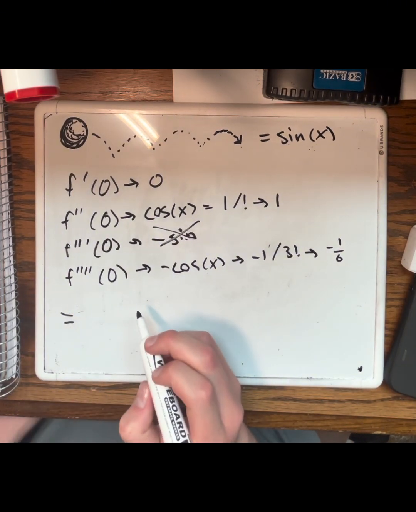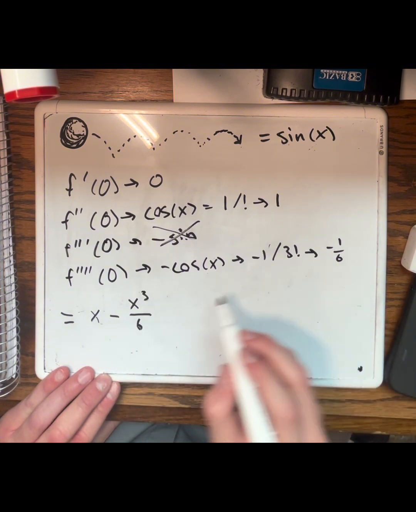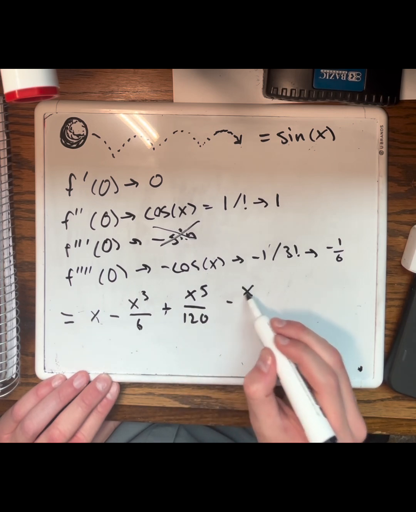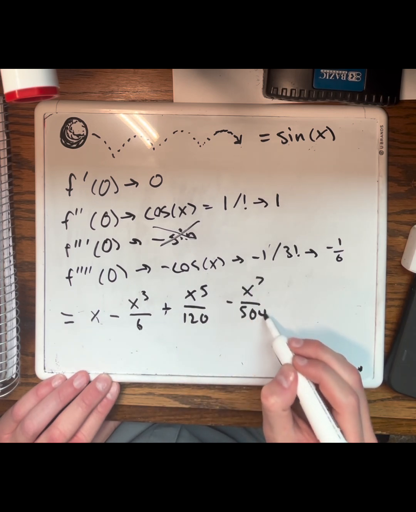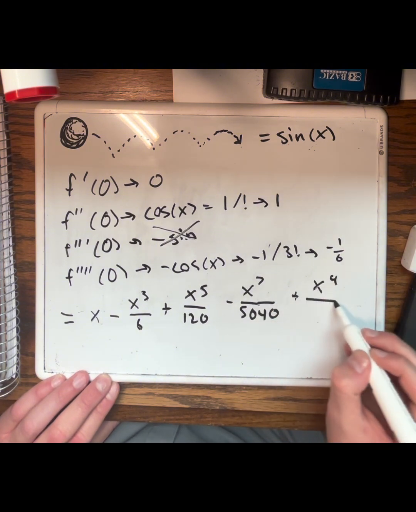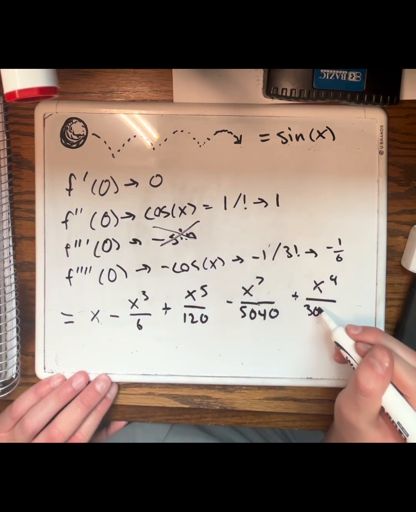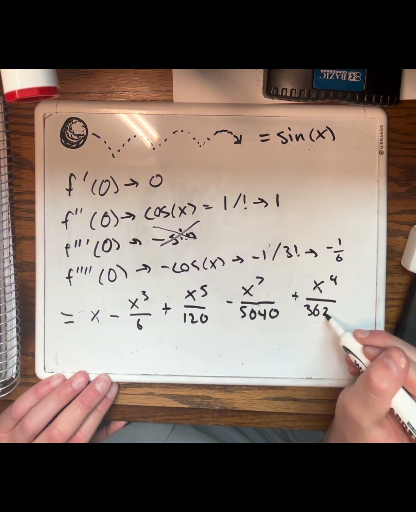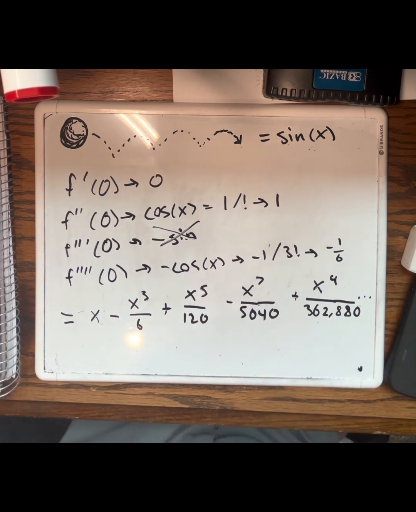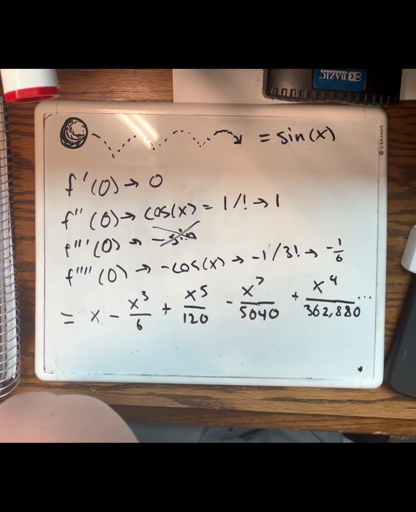So this is the final equation. x minus x to the third over 6, that's this one, plus x to the fifth over 120, minus x to the seventh over 5040, plus x to the ninth over 362,880, so a very big number, and this could go on for a long time. But I'm going to show you on Desmos why this is definitely good enough for what we would need, because it'll make it way easier.